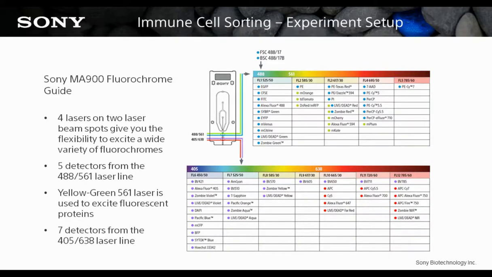The 488 laser is also used to excite the forward and the side scatter. As shown on the top, there are 5 detectors from the 488-561 laser line, with the yellow-green laser used to excite fluorescent proteins. And on the bottom, we have 7 detectors off of the 405-638 laser line. So to design your panel, you would pick one color from each column.